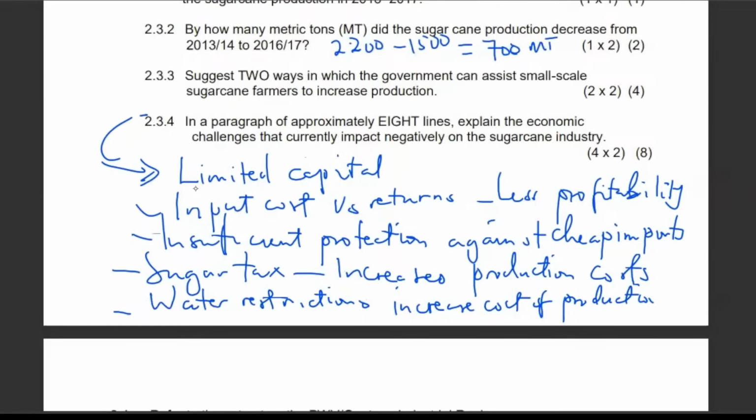So as a result, that is going to have a negative implication, because by accessing other alternative means of supplying water for themselves, they are adding to the cost of production. And at the end, their profitability is going to decline. Right, that takes us to the end of question number 2.3.4.